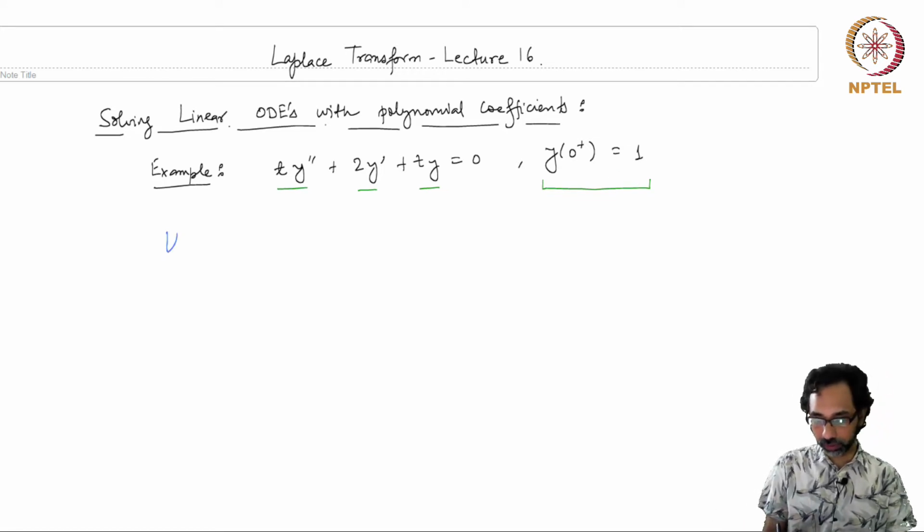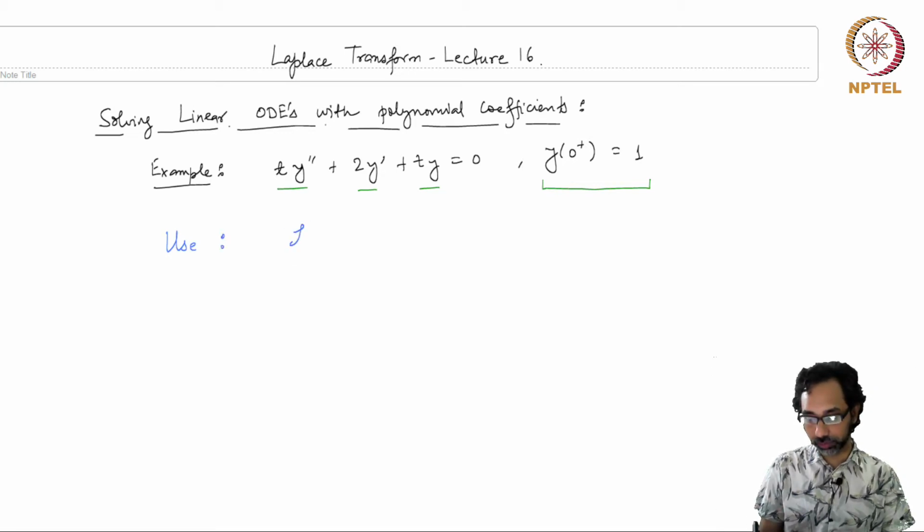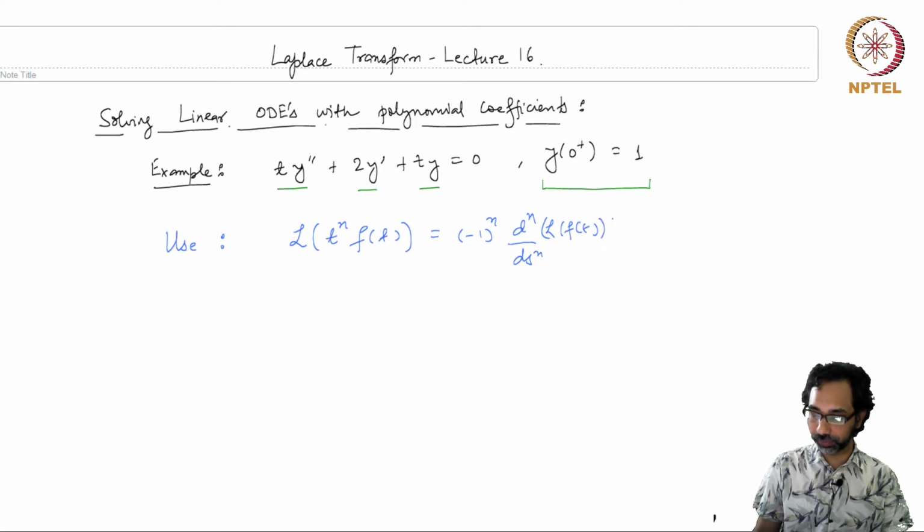For these kinds of equations, we use the property of the Laplace transform which is multiplication by t. We remember that the Laplace transform of t to the power n f(t) is equal to minus 1 to the power n, the nth derivative of the Laplace transform of f(t) at s.